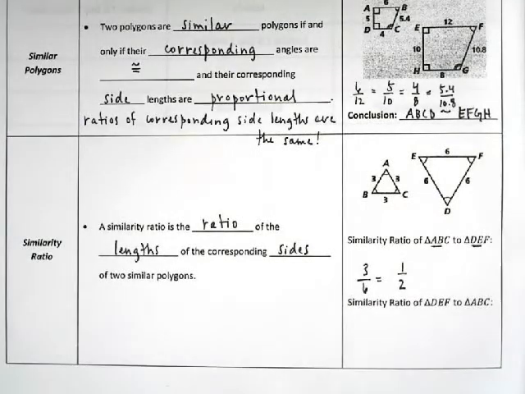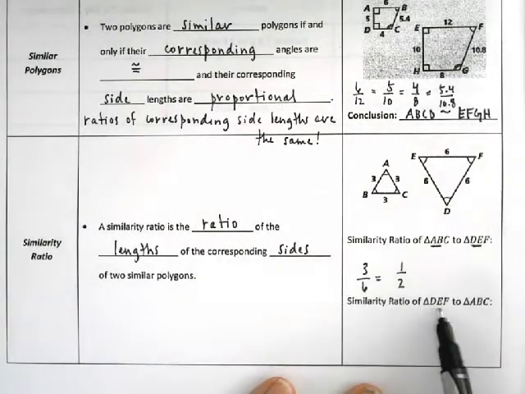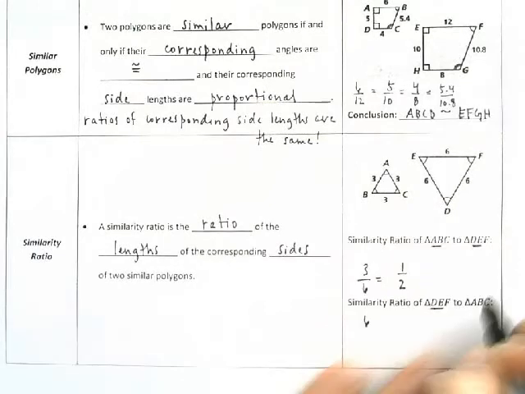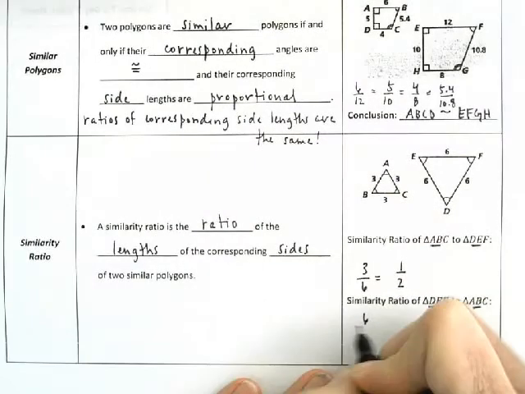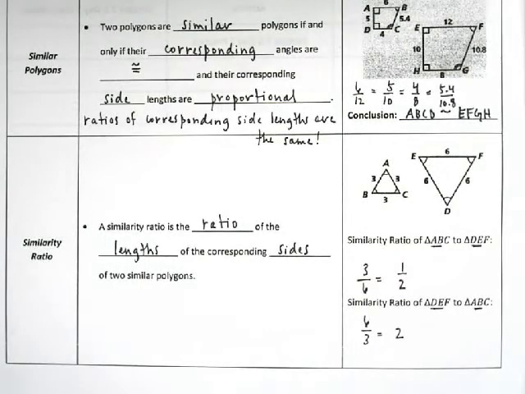Again, just the ratio of the lengths of those sides. Now, if I were asked in this case the similarity ratio of triangle DEF to triangle ABC, now I'm comparing the length of DE, which is 6, to the length of AB, which is 3, and in that case, our similarity ratio would be 2.